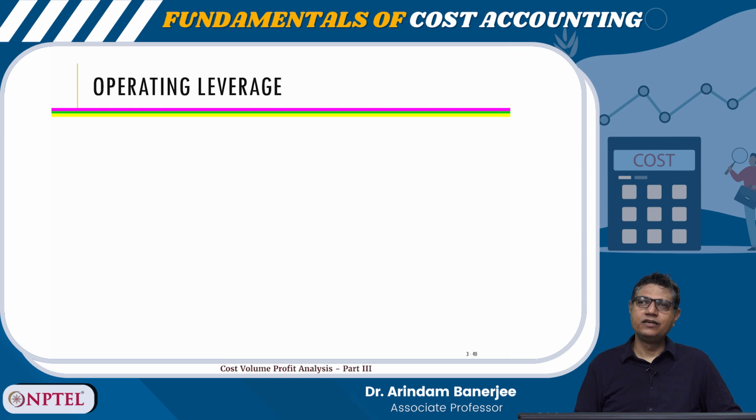The leverage is a word which came from the word lever. So, this operating leverage shows how much the profitability is changing because of the presence of fixed cost in the cost structure.